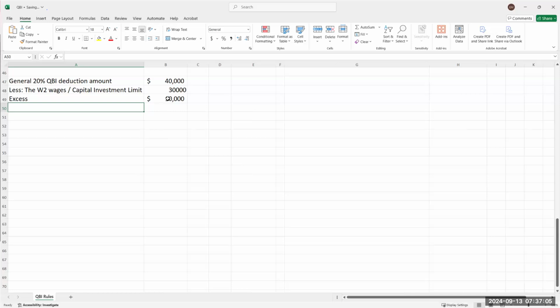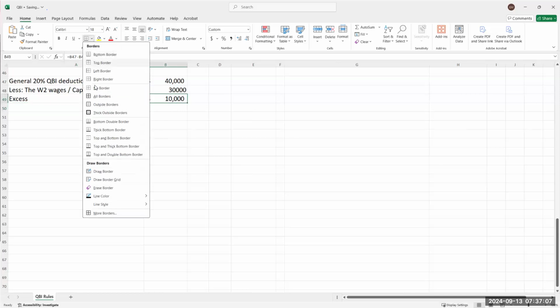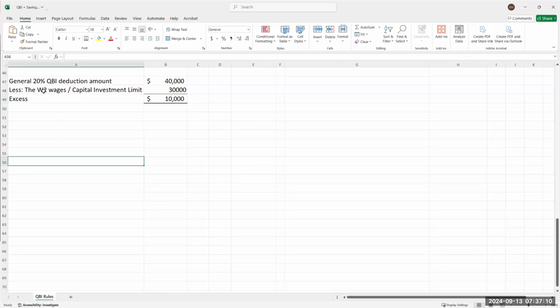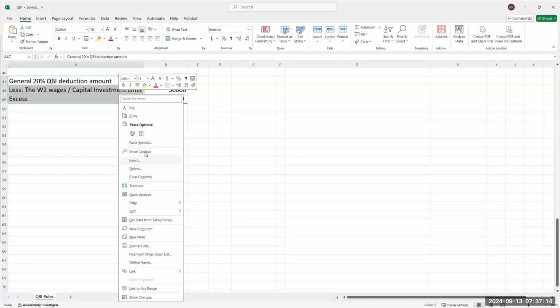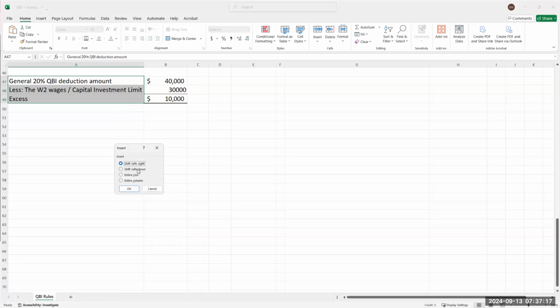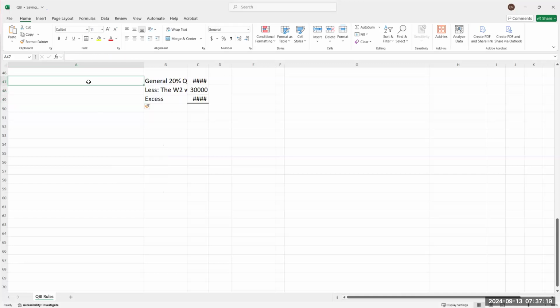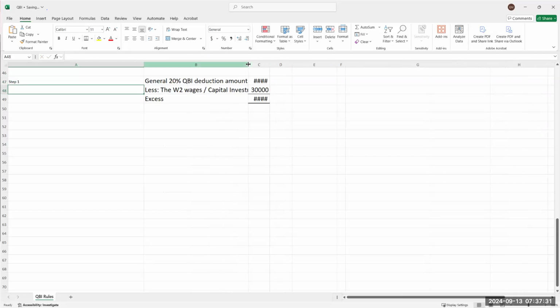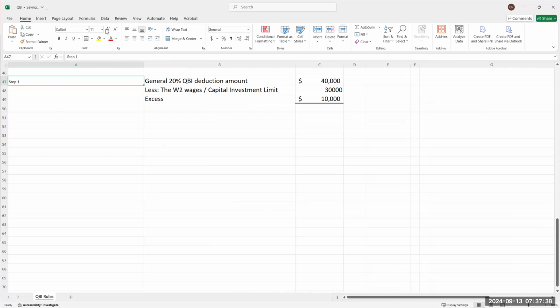So there's an excess of 10,000. I'm just going to try to make this a little easier. All right, so this is step one. And again, the reason we're doing this step is because she falls within the range of where the QBI deduction needs to be phased out. All right, so this is step one. Next, we have step two.